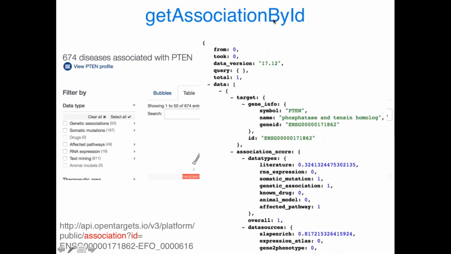So with the get association by ID endpoint, I pop in the Ensembl gene ID, the disease EFO ID, and then I can focus specifically on that pair of disease and target.